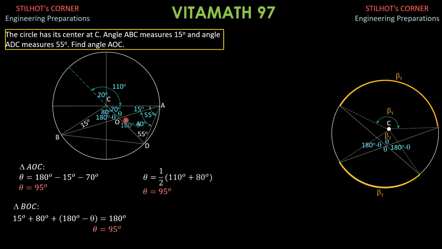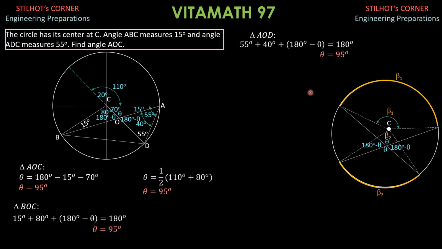Considering triangle AOD, the sum of the interior angles is 180 degrees. So from the figure, 55 degrees plus 40 degrees plus the quantity 180 degrees minus theta equals 180 degrees. Cancel out 180 degrees, transpose negative theta to the right, so theta equals 55 plus 40 degrees, so that's why it is 95 degrees.